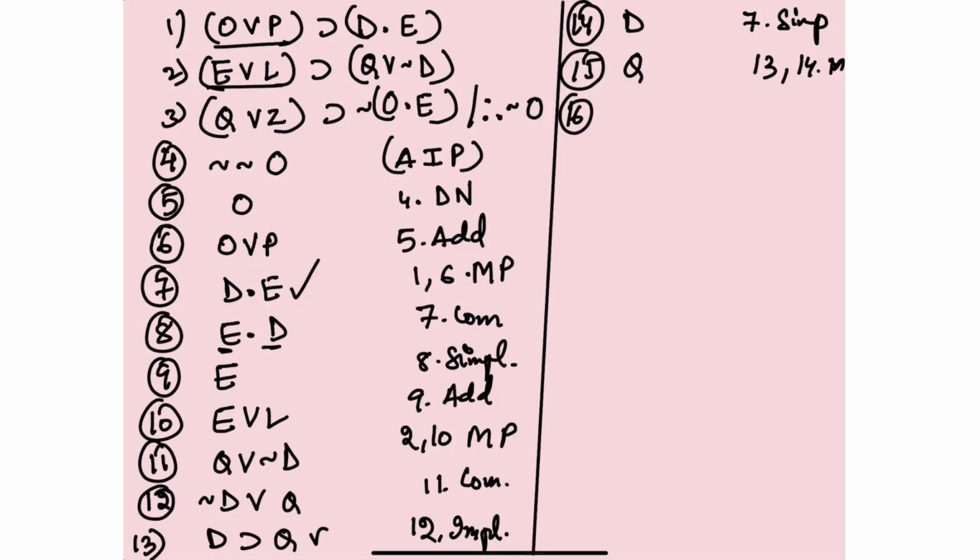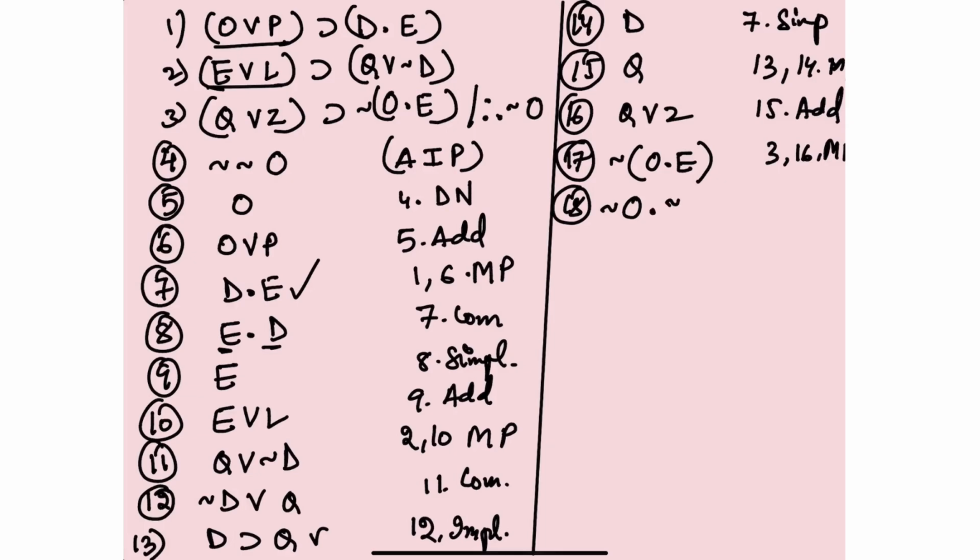So once you have Q, you can again add Z, Q wedge Z, meaning that you did addition in 15, and then in 17th again you use the same modus ponens formula. So you use 3rd comma 16 in MP, and then in 18th negation O dot negation E, in 17th De Morgan, 17, 18, 19, 19th, okay it should be wedge actually.